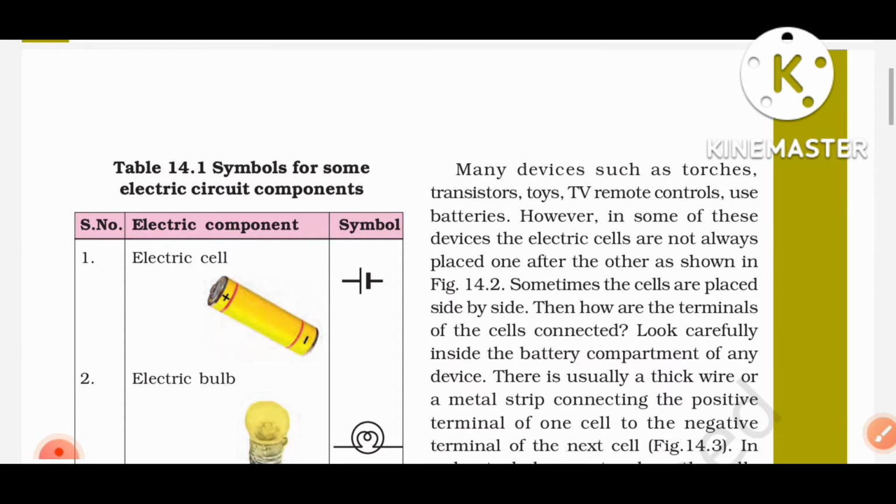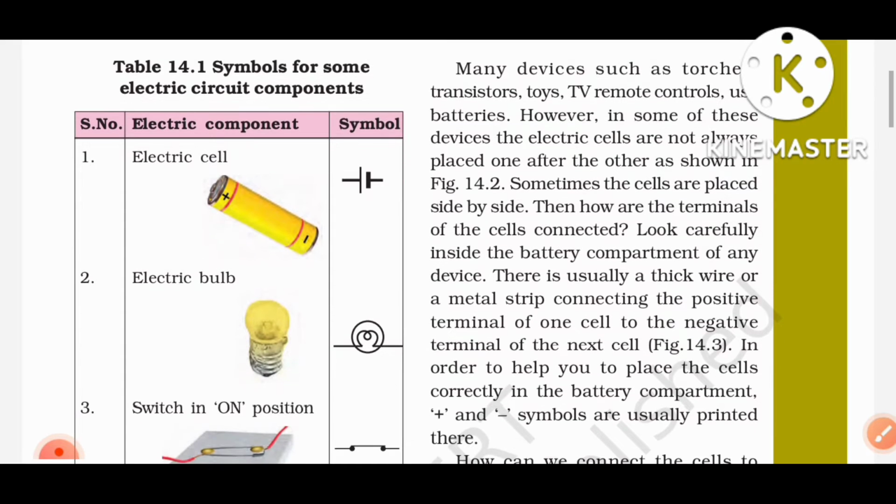Many devices such as torches, transistors, toys, and TV remote controls use batteries. However, in some of these devices, the electric cells are not always placed one after the other as shown in figure 14.2. Sometimes the cells are placed side by side. Then how are the terminals of the cells connected? Look carefully inside the battery compartment of any device.